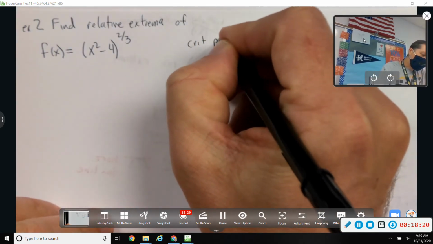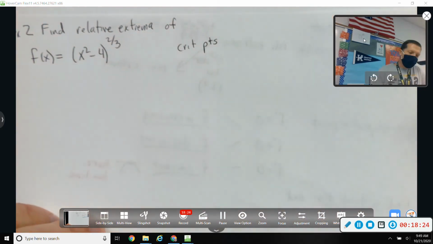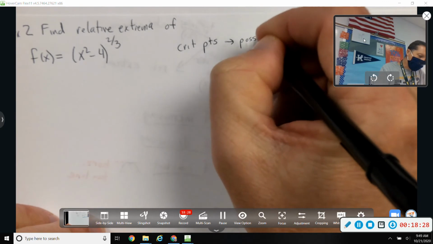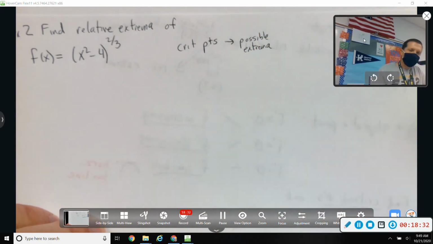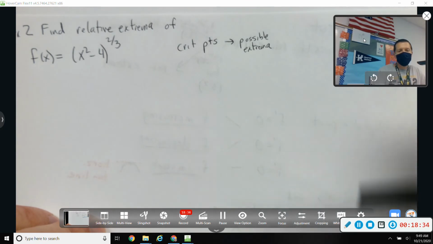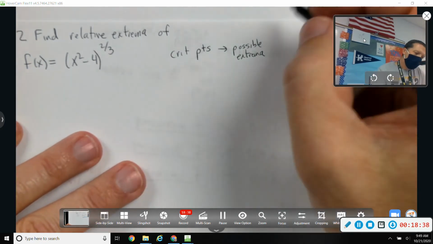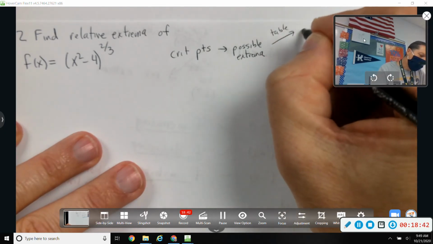So to find relative extrema, we can find our critical points. That tells us our possible relative extrema. I left out relative because it also tells us the possible absolute extrema. A table would give us our absolute extrema.